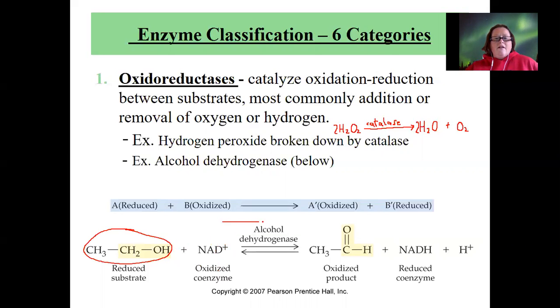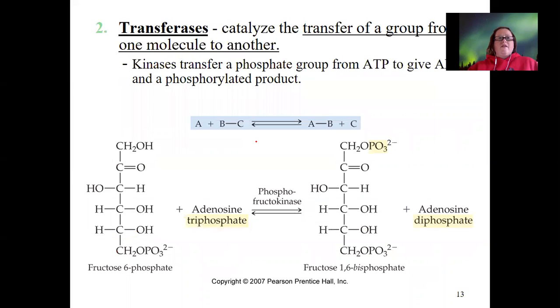Remember that a primary alcohol will oxidize into an aldehyde. So there we have the ethanal, or the aldehyde with 2 carbons. So there's my oxidization symbol. So oxidation and reduction enzyme reactions are called oxidoreductases.